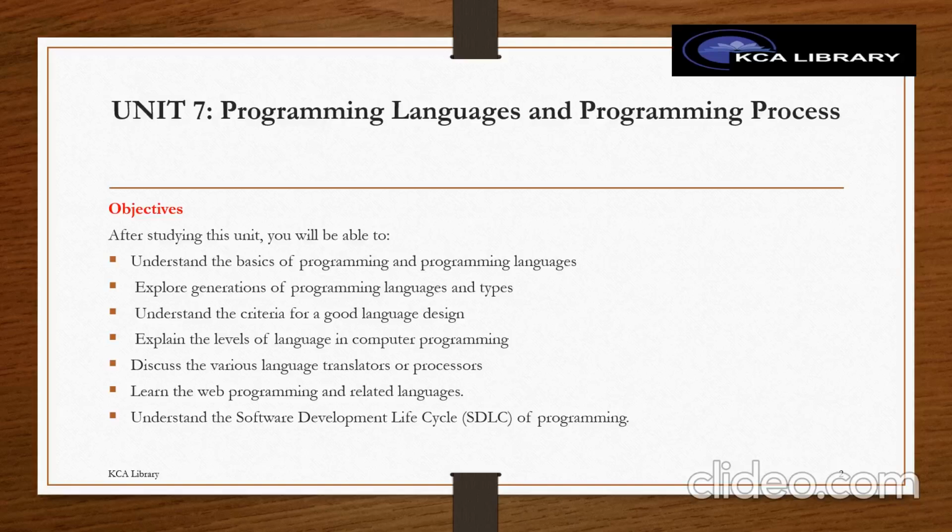Then we'll also explain the levels of language in computer programming, discuss various language translators or processors, then learn web programming and related languages, then understand the software development lifecycle, or SDLC, of programming.